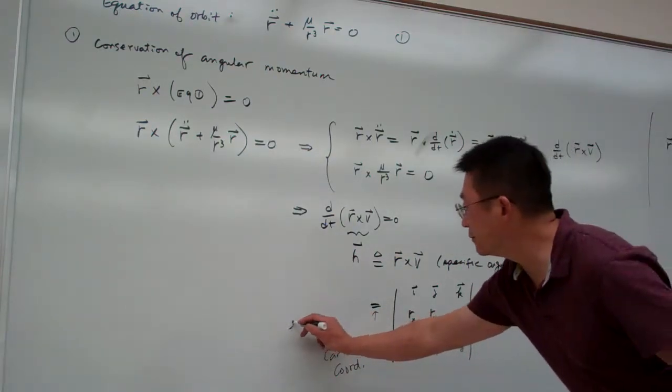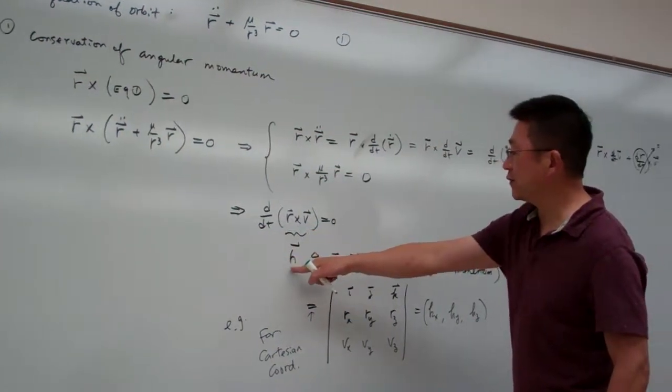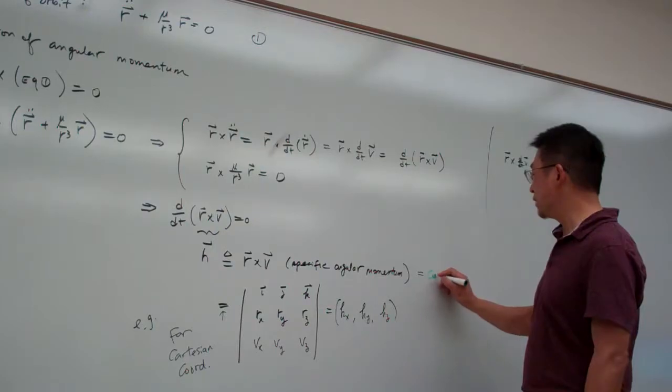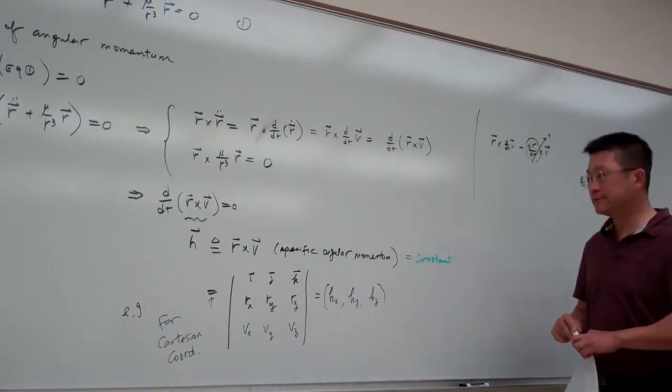So that is the angular momentum, and this equals a constant, because the derivative of h equals 0. Constant means conserved over time.